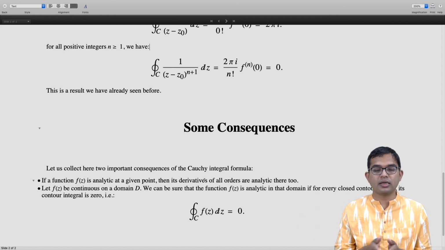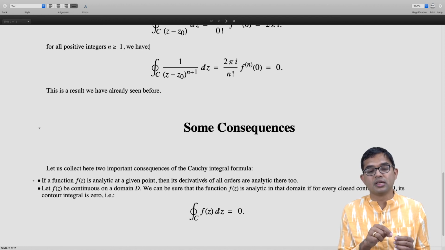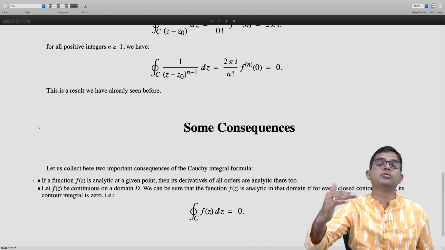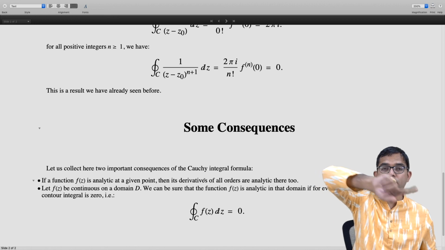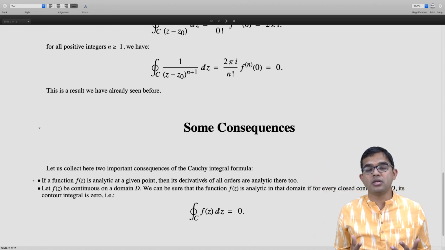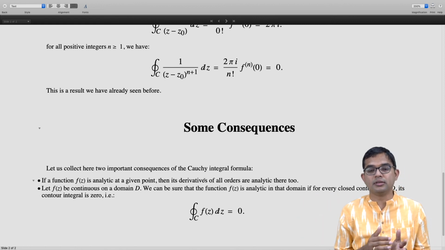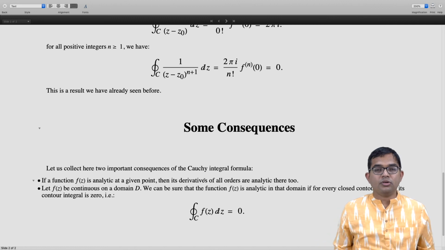Then if you're guaranteed that such a closed contour integral is 0, what it means is going from z1 to z2 along one path must be equal to going from z1 to z2 along another path. The path independence is immediately a consequence of every closed contour integral being 0, right? So as you can immediately sort of intuitively see, right?